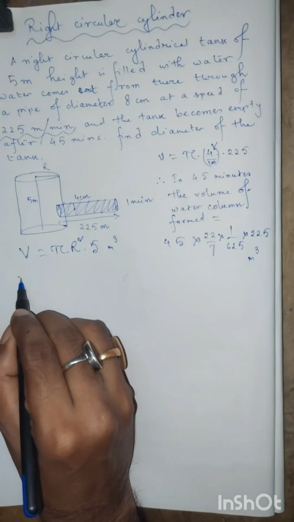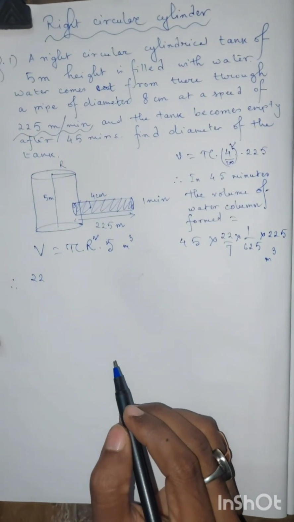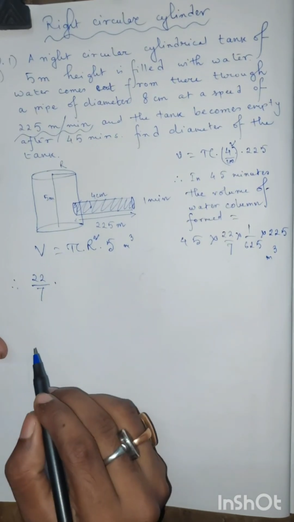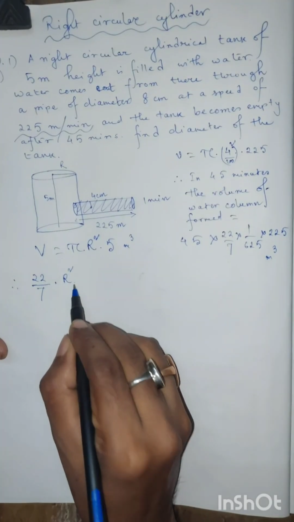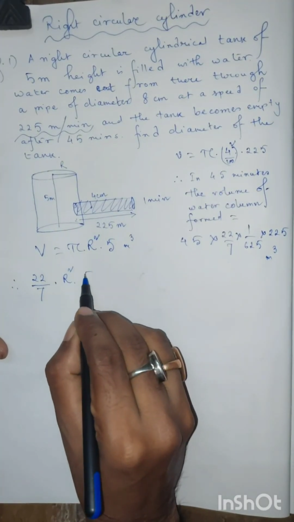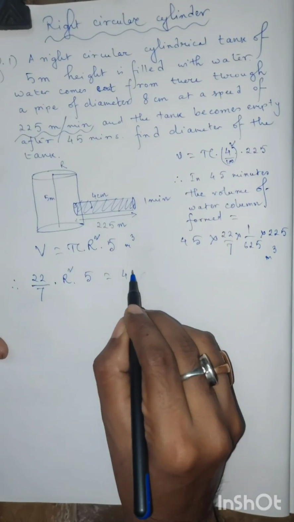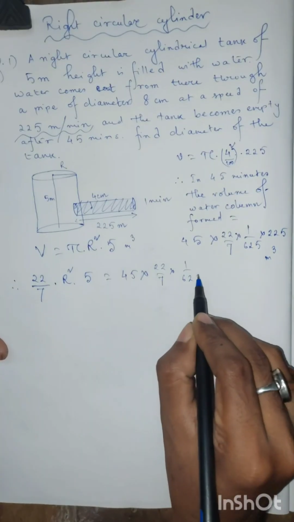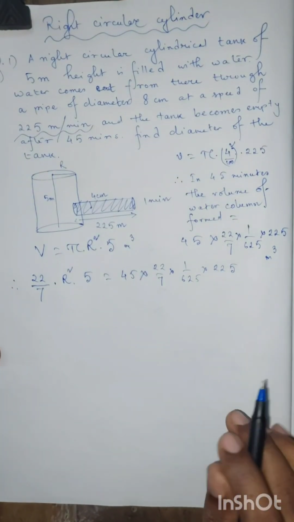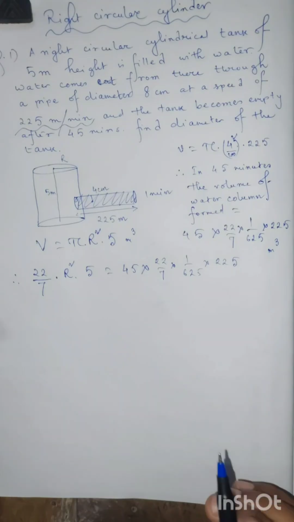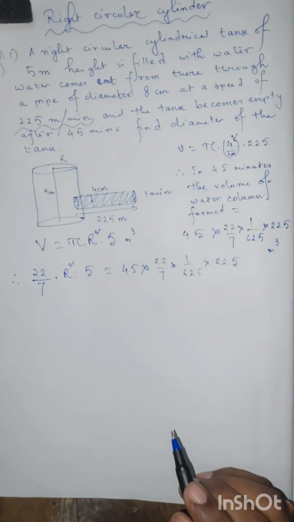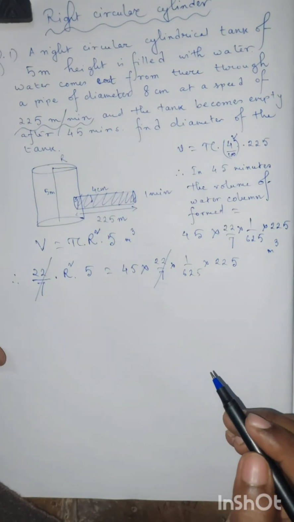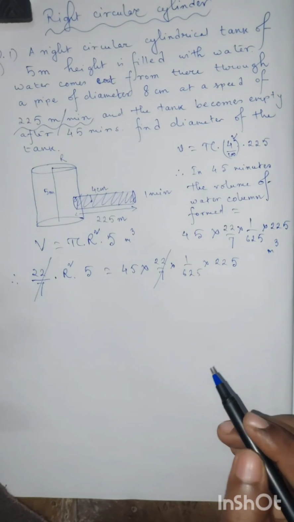Therefore 22 by 7 into capital R square, which we do not know, into 5 equals 45 into 22 by 7 into 1 by 625 into 225. So this is what we are getting. Now if we cancel pi from both sides of the equation, we are left with this.